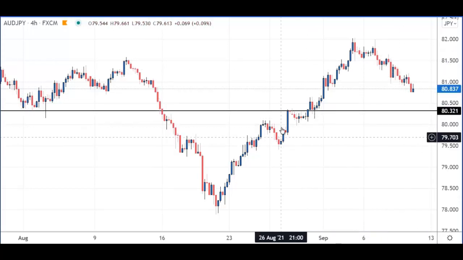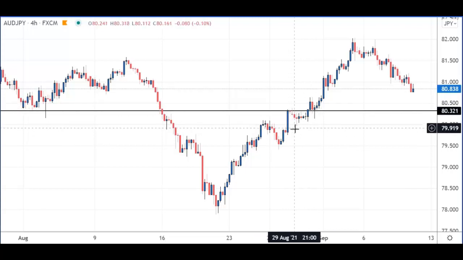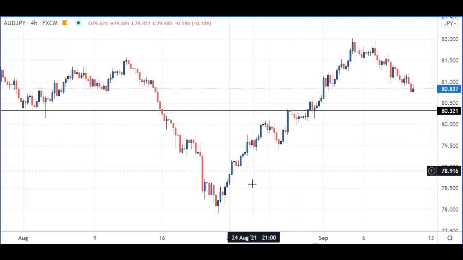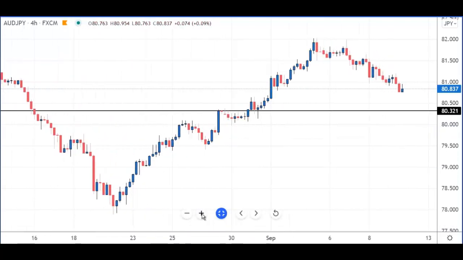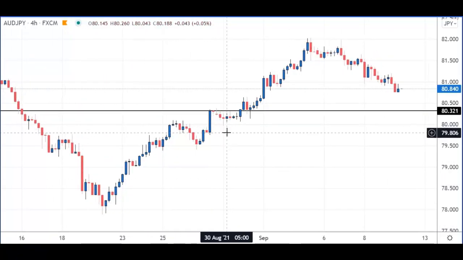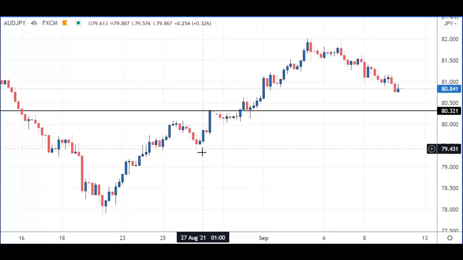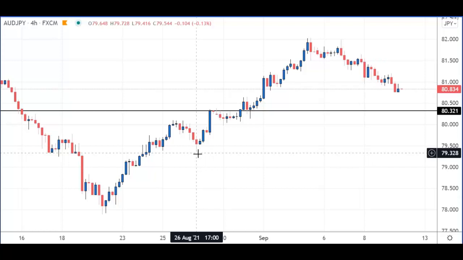It'll be a natural stop, like here's a drop and then a rally. So you'd have a stop below this low right here. Let me zoom that in a little bit so you can see it. You put it just below. We put it a few pips below this low, or maybe this low here. So that's the idea behind using a natural stop, and that's what's used for swing trading.